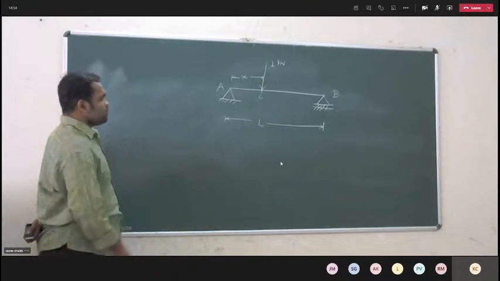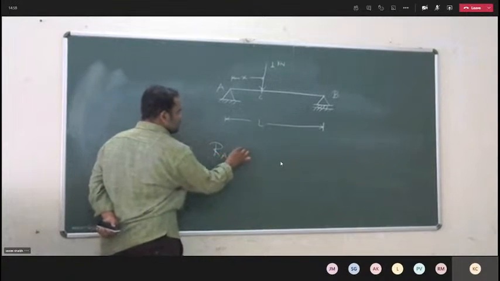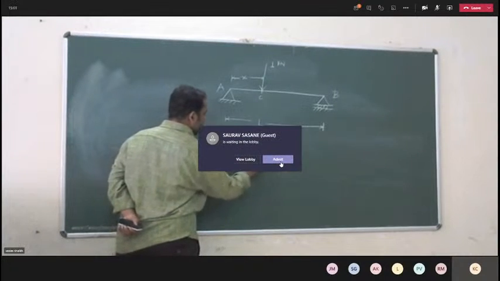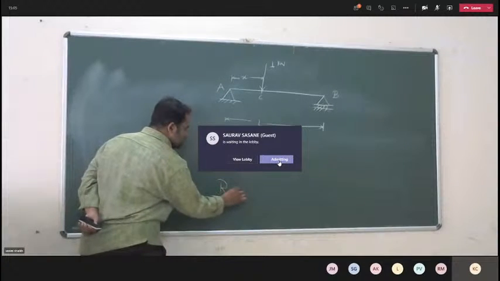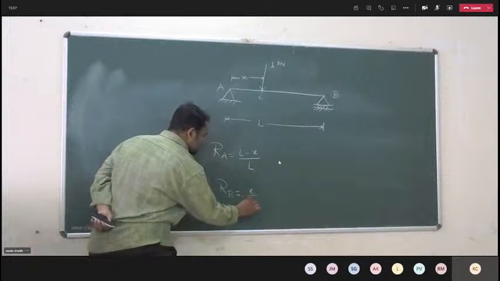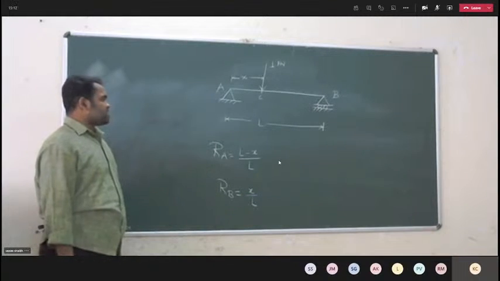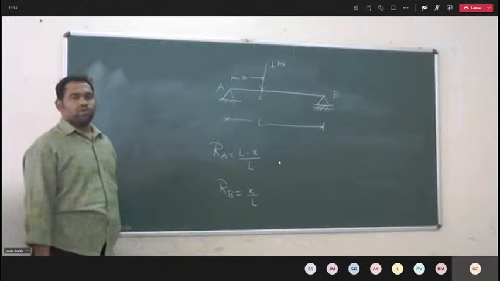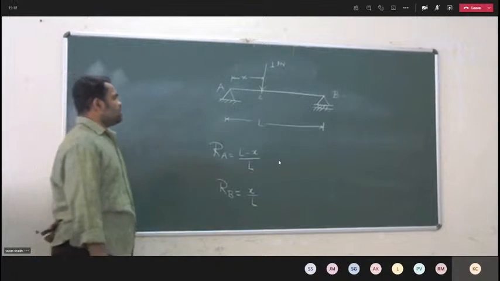So for this beam, the value of RA is (L minus x) by L, and the value of RB is equal to x by L. These are the reactions for the 1 kilonewton unit moving load.